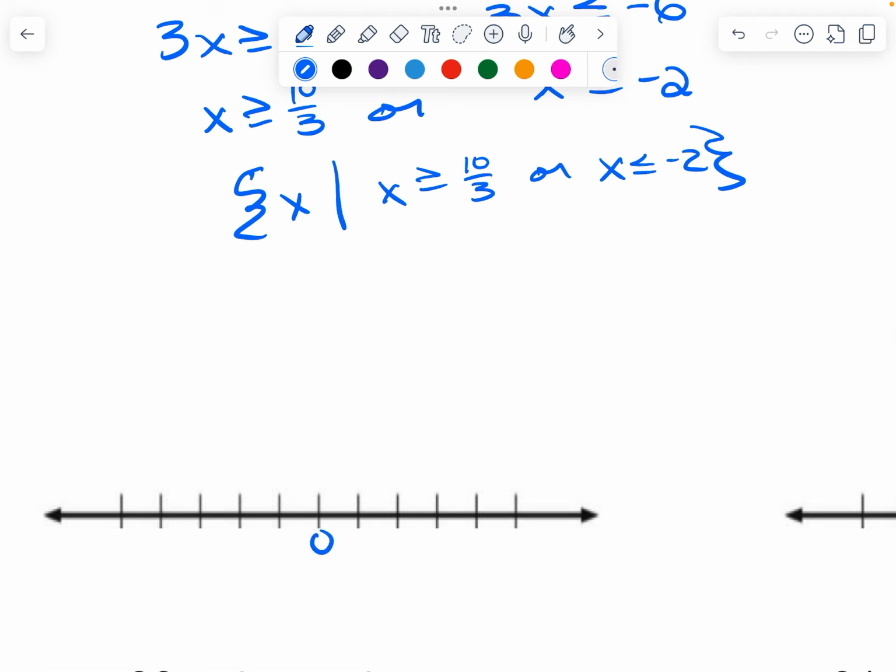So 0, -1. Yeah, I'll do it this way. So 1, 2, 3.